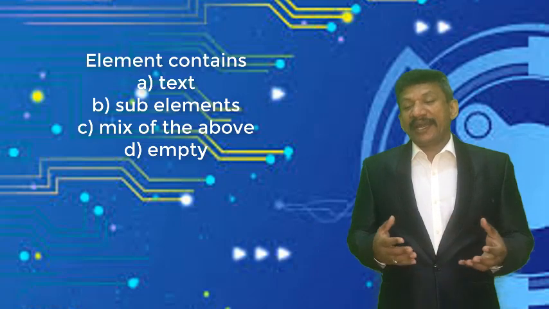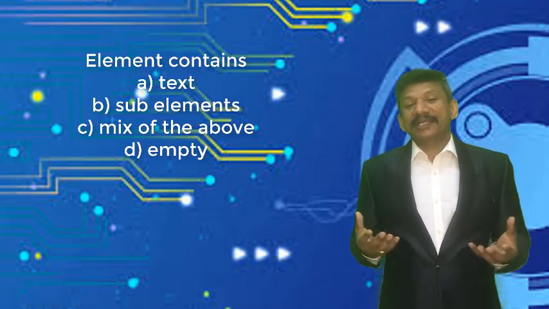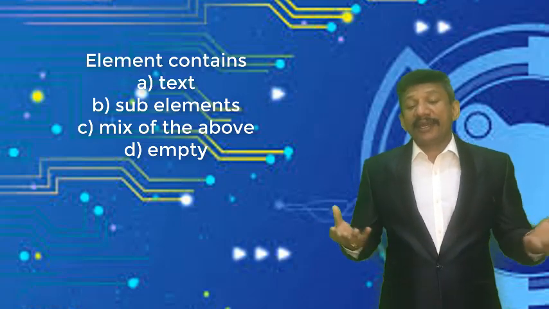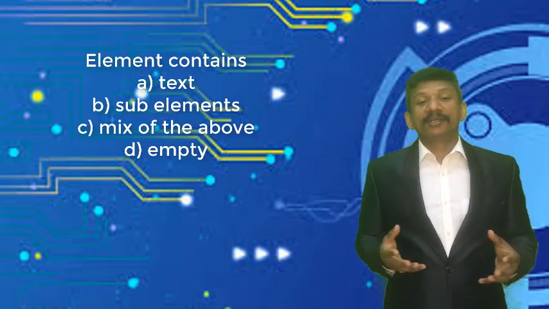So elements can have child elements, elements can be empty, and elements can have text data. This is what I would like to sum up. Well, the next interesting thing is attributes. So in any XML document, next to elements, you will see plenty of attributes.